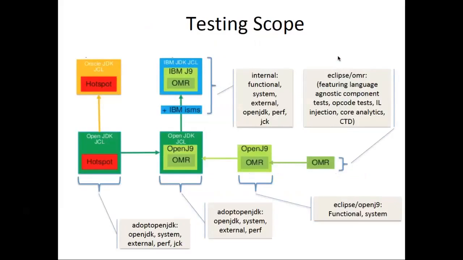core analytics, and I mention that because some of the testing that we do for the GC, instead of manually creating a GC object model, we pulled the object model out of core files so that we could recreate what a customer's object model looked like.